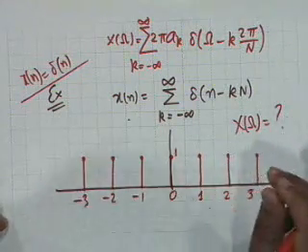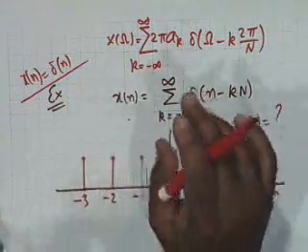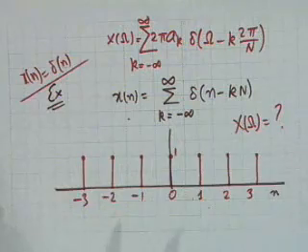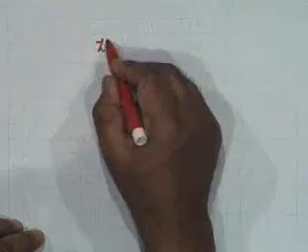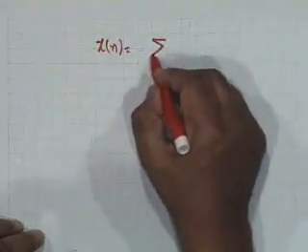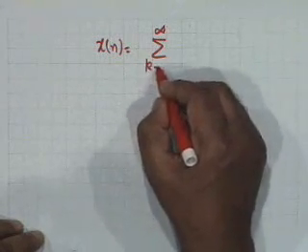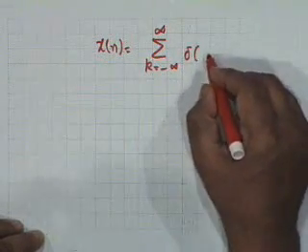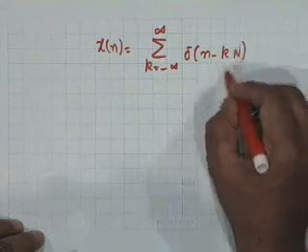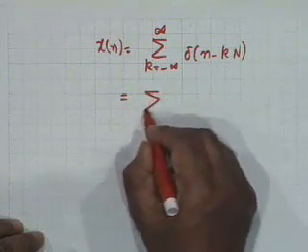This is one way. The other way is to look at it as a periodic function and then get its spectrum. All right. X of n is equal to the summation, k equals minus infinity to infinity, of delta n minus kN. Because it is periodic, I can write this in the form of a Fourier series.